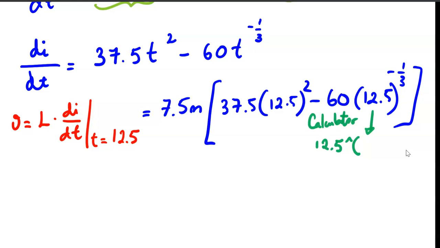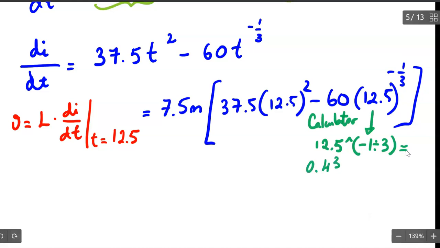Don't mistake the negative sign for the subtraction. So the negative 1, and I put divided by 3. Okay, so 1 divided by 3, close the bracket. Okay, and then I press the equal sign, and I should have this number, 0.430886938.